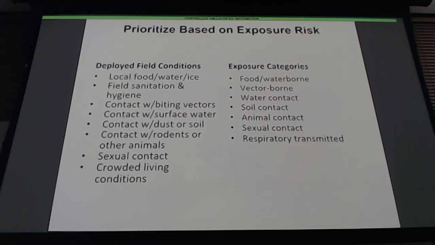Now, the Army has a couple of ARs, 40-5 and PAM 40-11, I believe. And then the Navy has a bunch of volumes, NAVMED P-5010, and then the Air Force has a bunch of different AFIs.